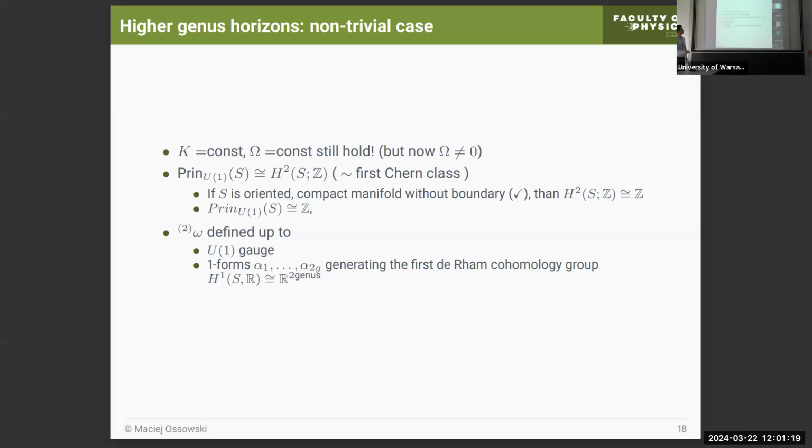And luckily, this question is answered by the general theory of principal bundles. It turns out that those classes of isomorphisms are isomorphic to the second cohomology group of the section with coefficients in Z. Long story short, if S is as we assumed, this is just Z. So essentially, we have a bundle or a horizon for any natural number, even integer.